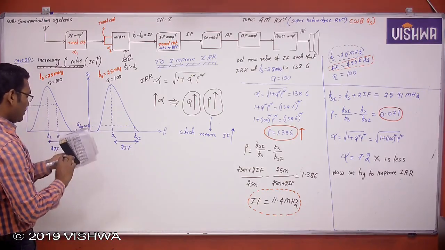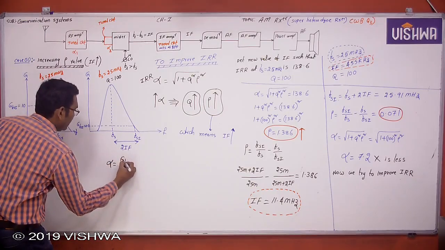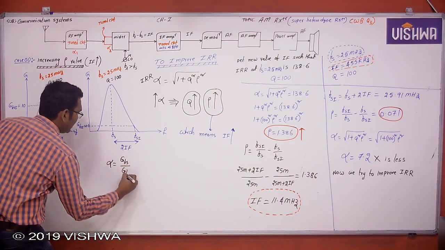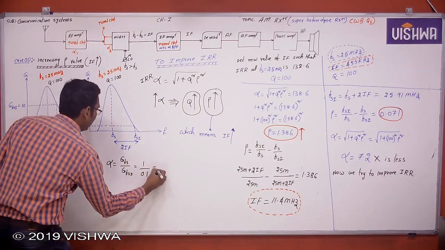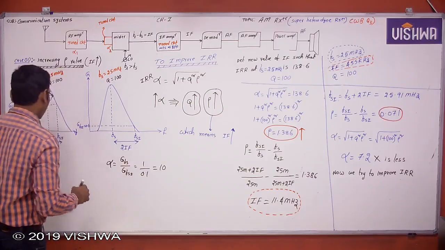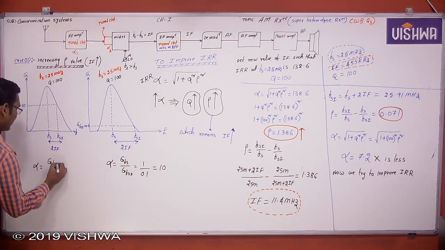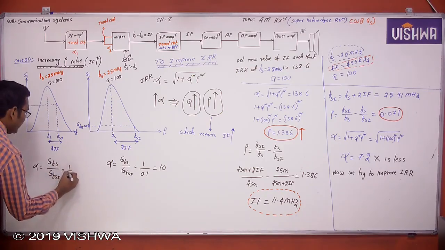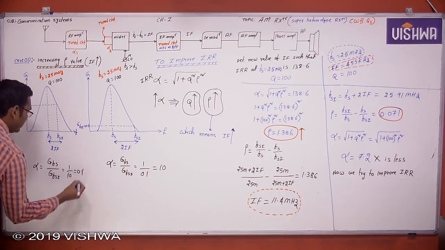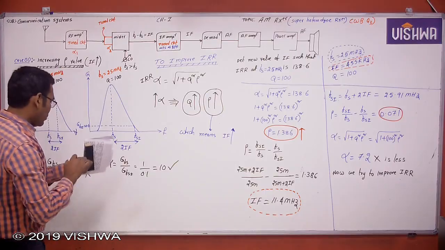So now here the image rejection ratio is the gain at Fs to the gain at Fsi, 1 by 0.1, which is 10. But here the image rejection ratio, the gain at Fs to the gain at Fsi, is 1 by 10, which is 0.1. This is not at all preferable. This is always preferable. Okay. And see the difference.